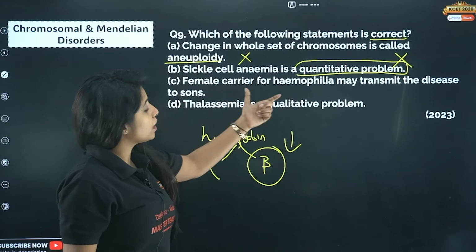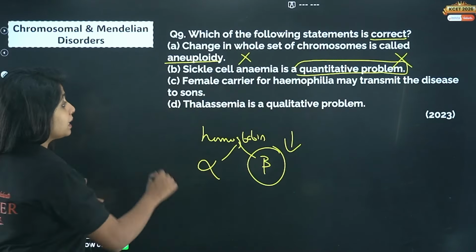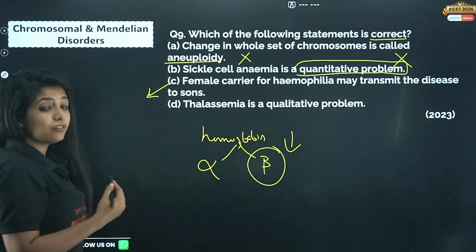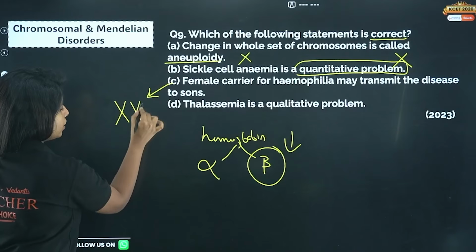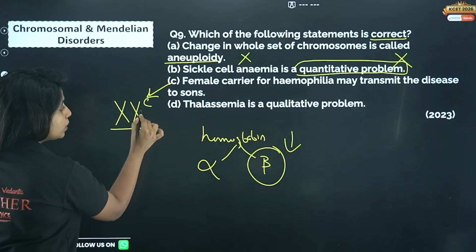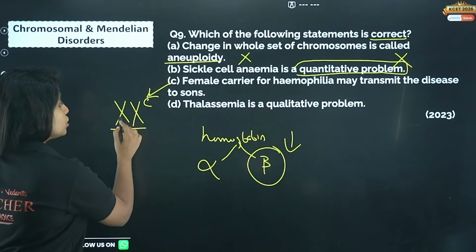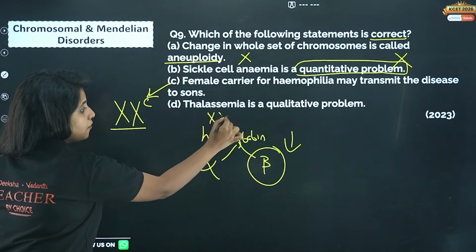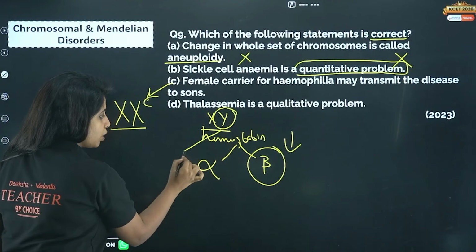Now, female carrier for hemophilia may transmit the disease to sons. The female carrier for hemophilia is just like color blindness. There also it is X-linked recessive disorder. So she is a carrier. Now, do you think the carrier can pass the genes to the sons? Yes. Because from father, for a son to be born, you need to have Y chromosome coming.